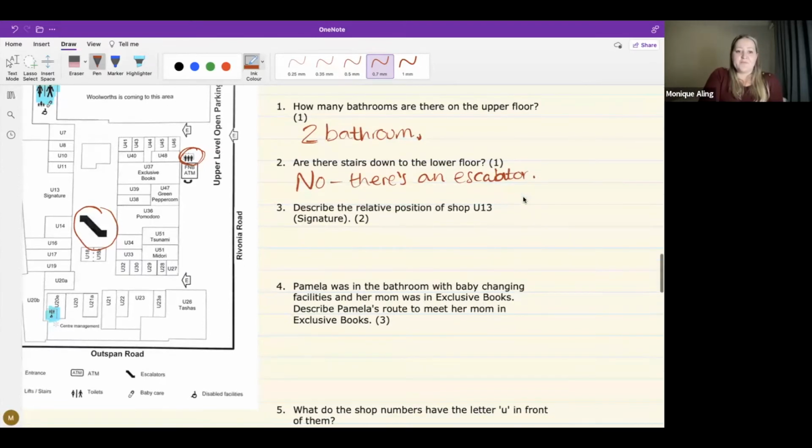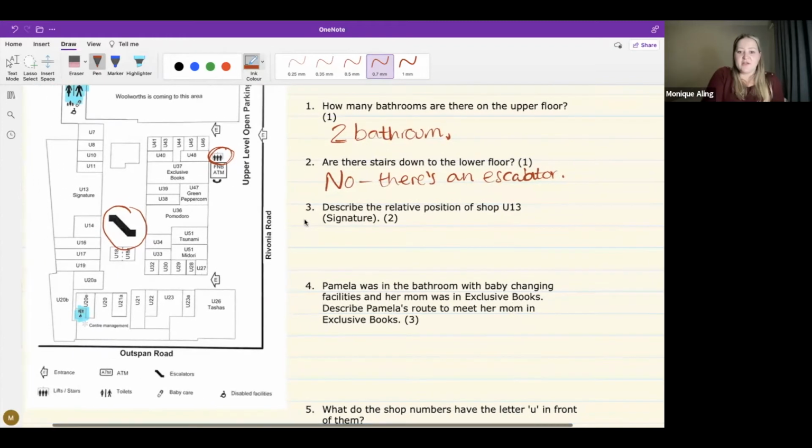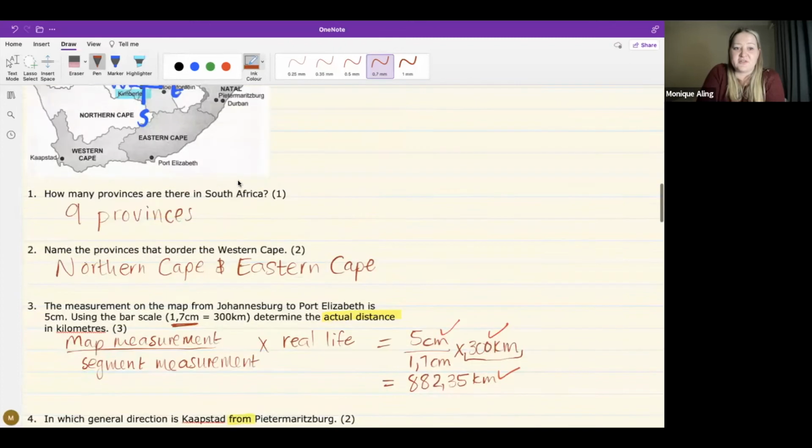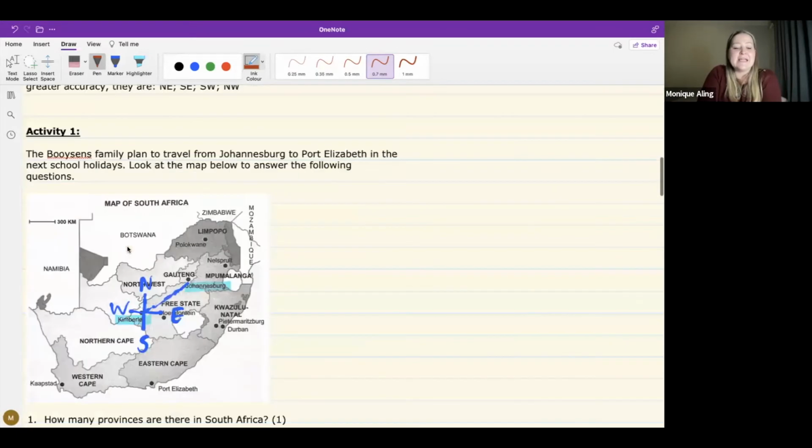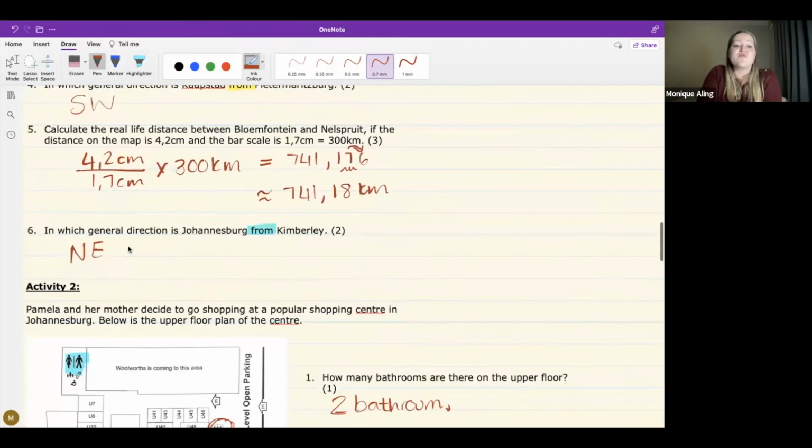Okay. Describe the relative position of shop U13, which is signature. It's called signature. It's a restaurant. Describe the relative position. So if we go back to the definition for relative position, when you're describing directions in relation to your surrounding landmarks, so you're basically describing what is around.